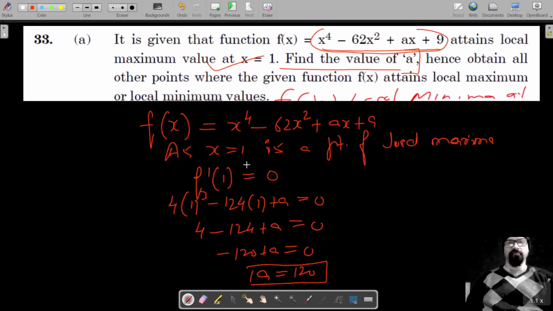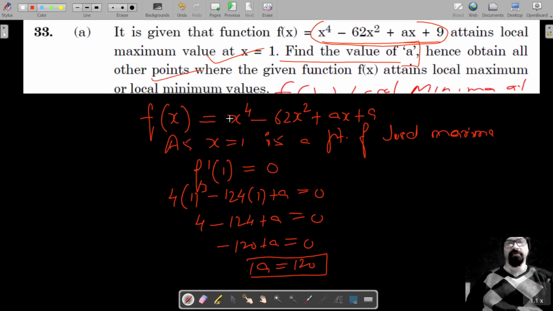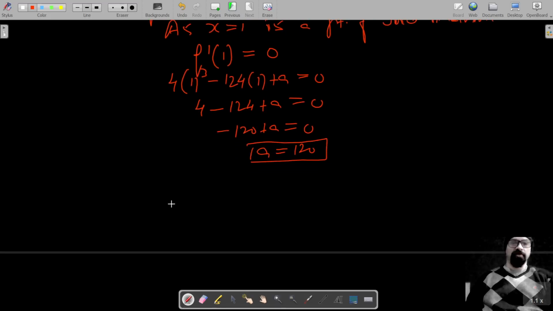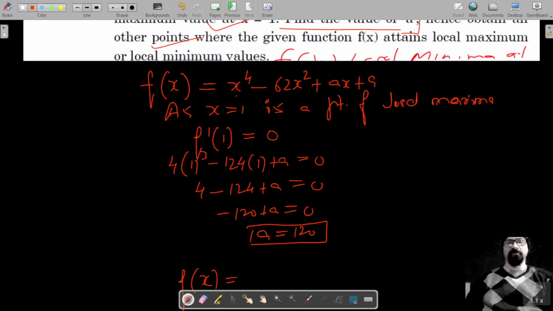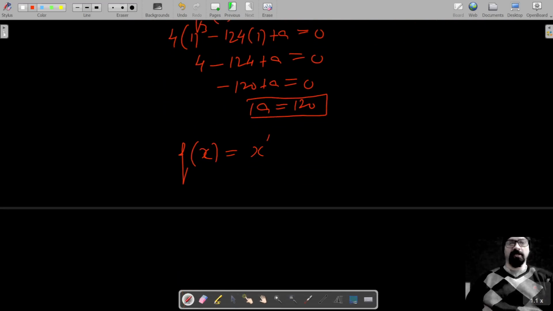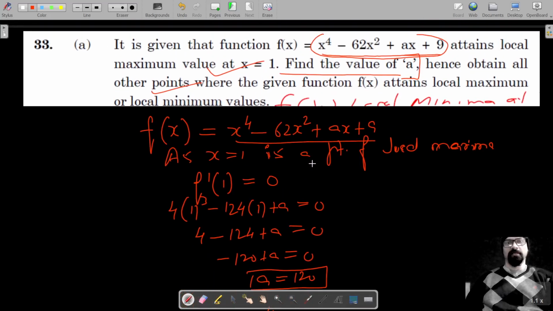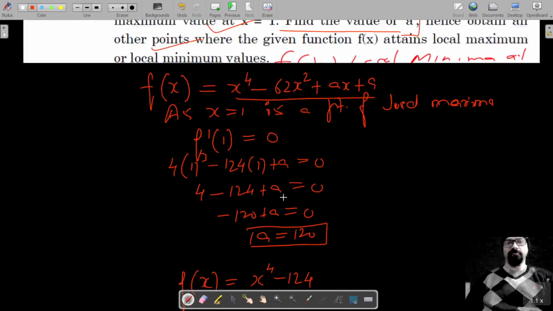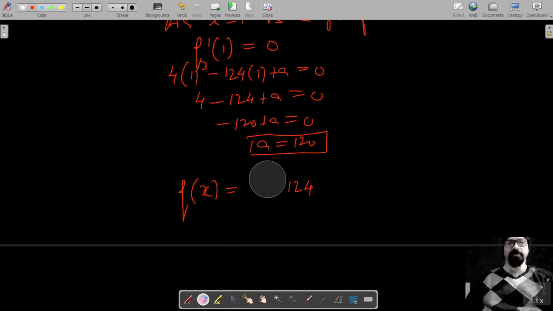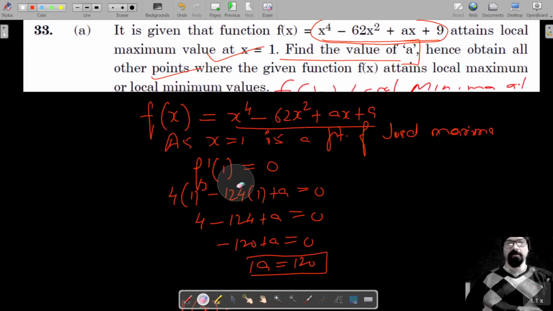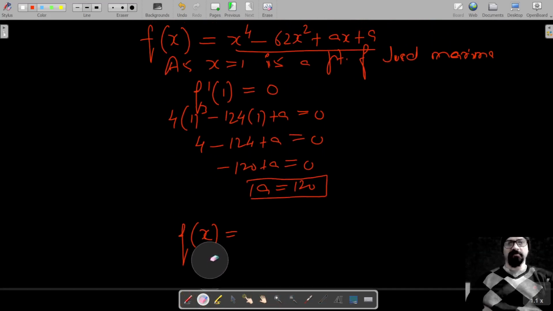So the value of a is 120, and hence we have to obtain all of the points where the given function f of x attains local maximum. So we have got the value of a. Now let's substitute the value of a.